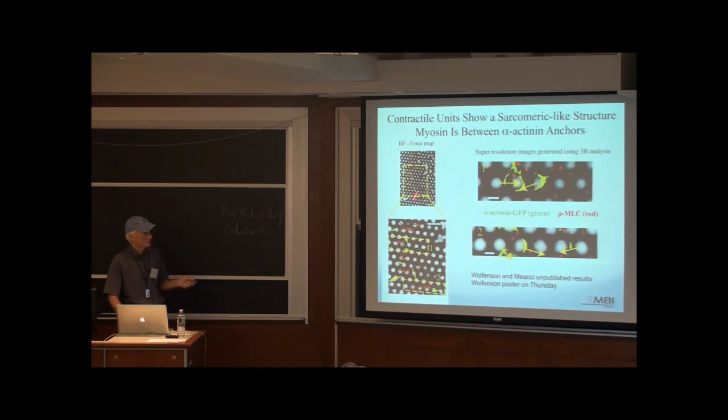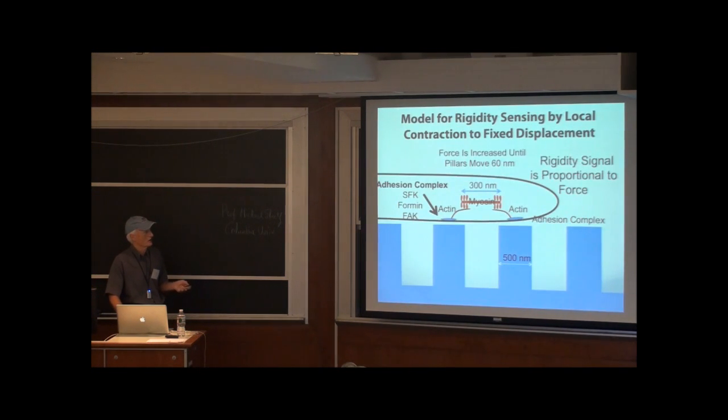And so it seems that everything is consistent with this idea that you have actin polymerization from the adhesion sites. You then anchor it with alpha-actinin, and you pull on it with myosin, and you pull to a constant value of 60 nanometers, and the rigidity signal is then proportional to the force.